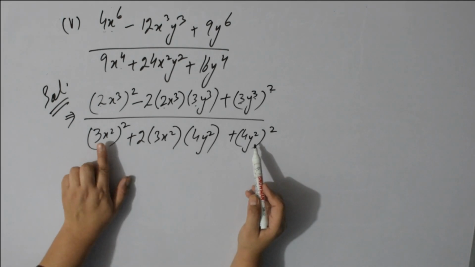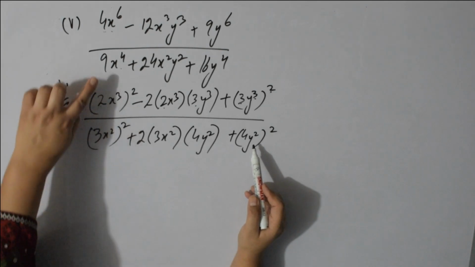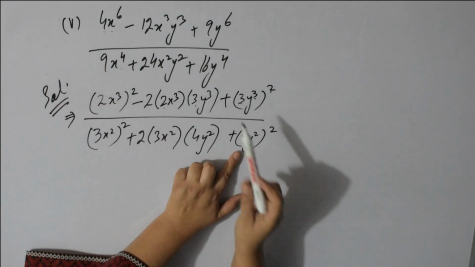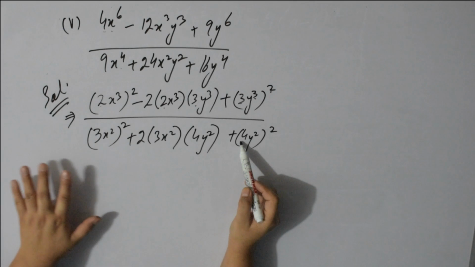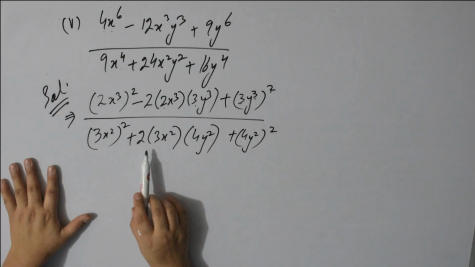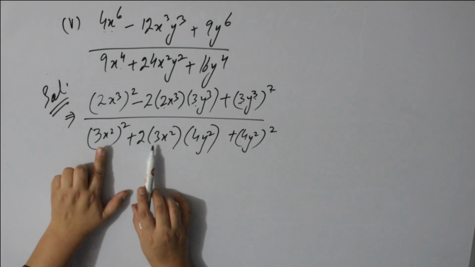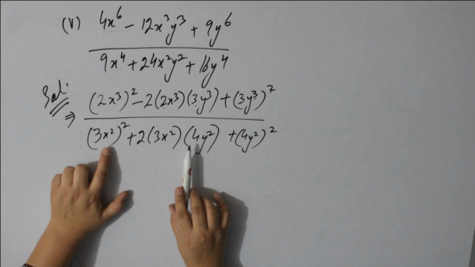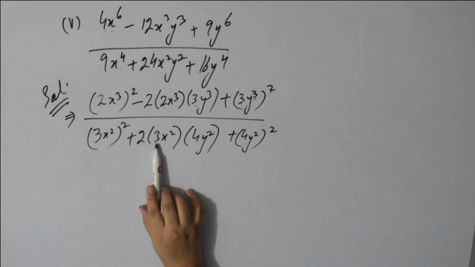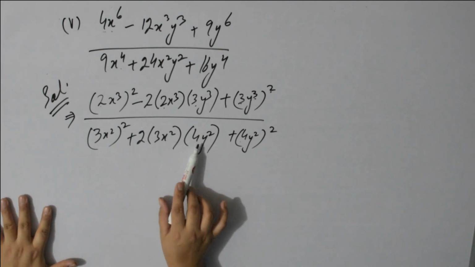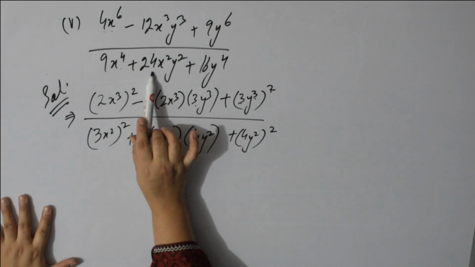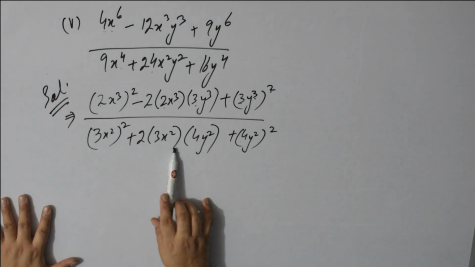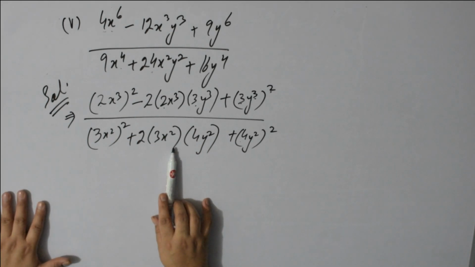When you open it, 3 times 3 is 9x⁴, and the last (4y²) whole square is 16y⁴, and then I wrote 2 into 3x² into 4y². When I solve it, 2 threes are 6 and 6 fours are 24x²y². So yes, it is matching with this middle term. So this is the correct standard form of your formula.